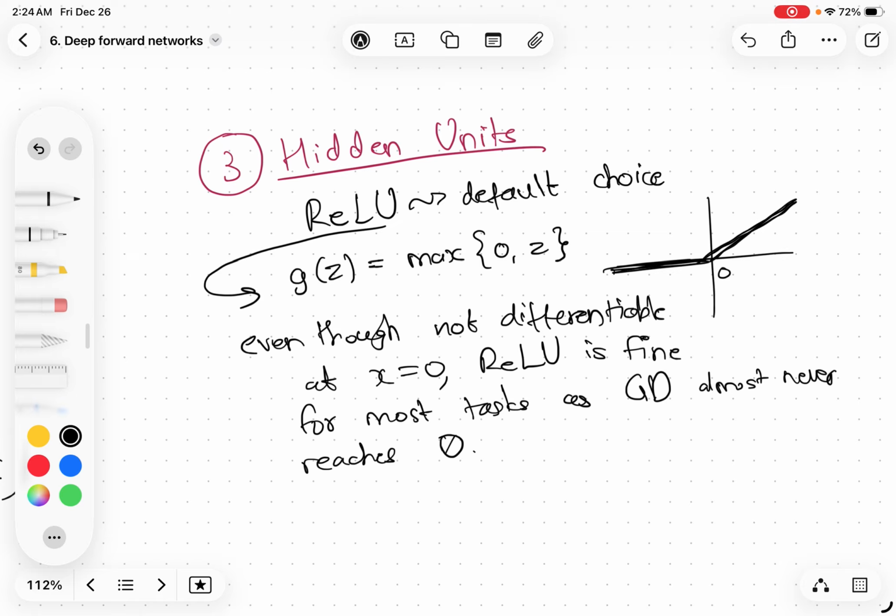Hidden units that are non-differentiable usually have only a small number of such points, so you can safely disregard this non-differentiability of hidden units.